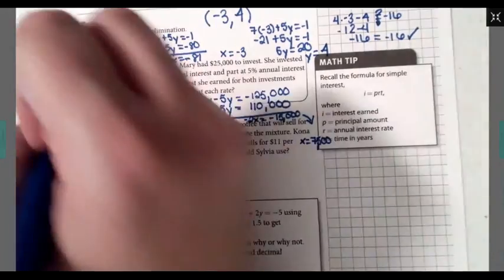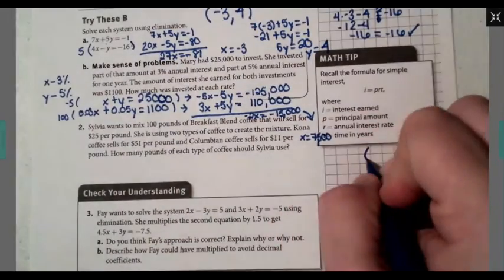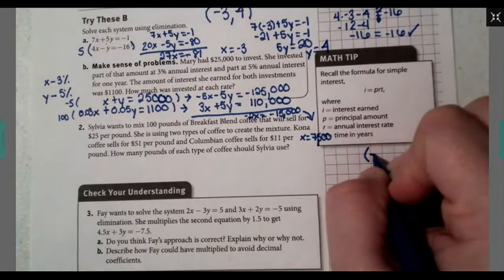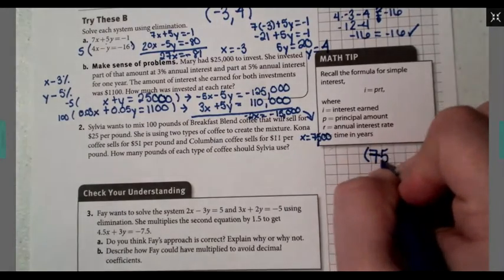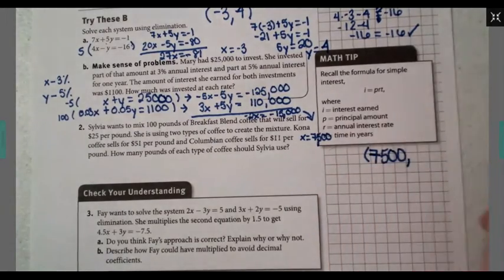That's only half the problem. So I got 7,500 for 3%. And now I need to find my y, my 5%.